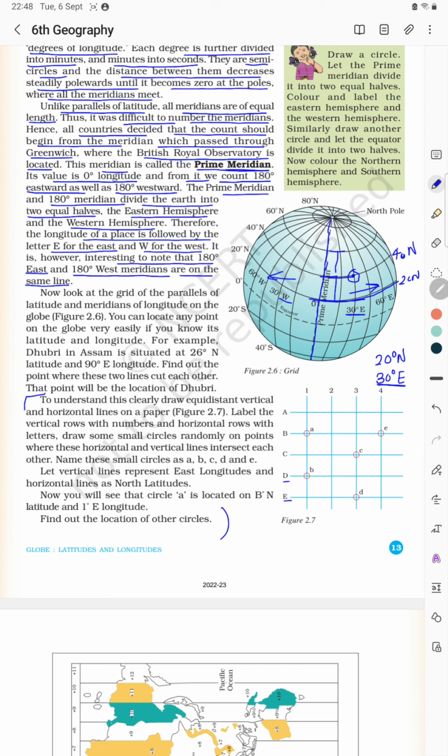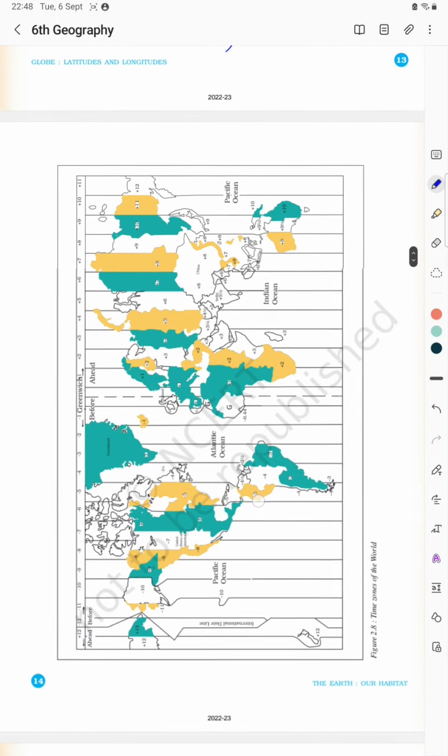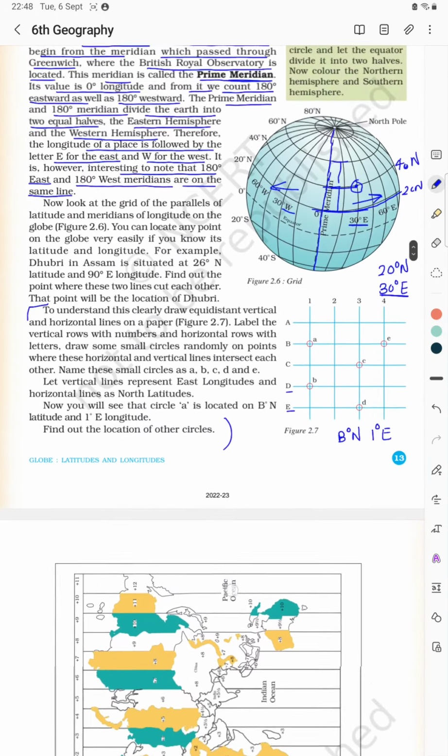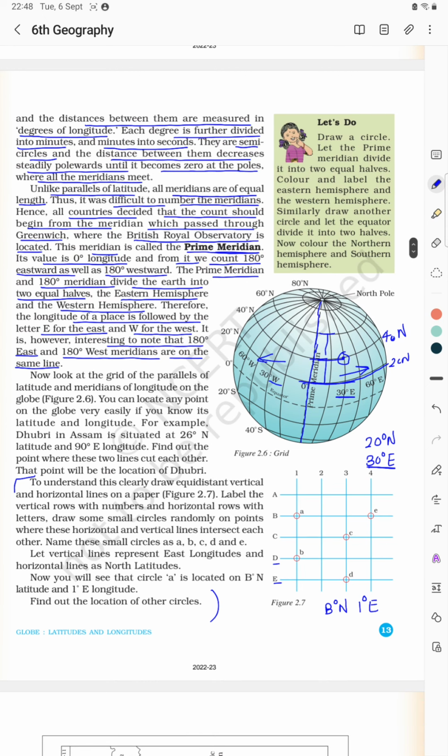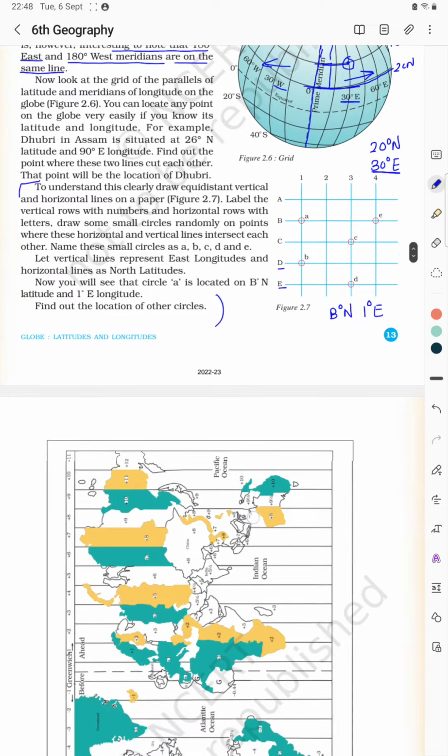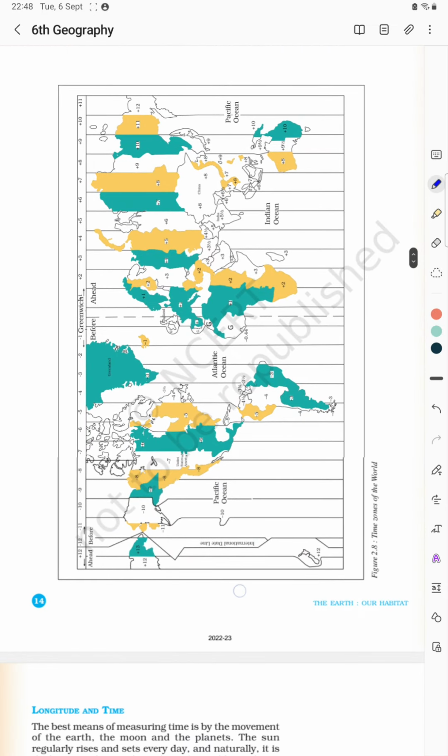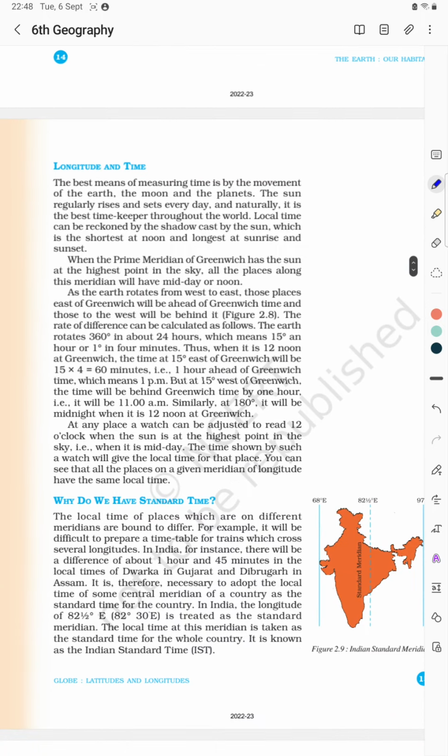You can easily find out the position of A, B, C, D, E. So this A is B degree north and 1 degree east if it is on the eastern side of the prime meridian. I hope this concept of latitude and longitude is clear to you. If you face any difficulty, then please post in the comment section. I will try to answer as soon as possible.